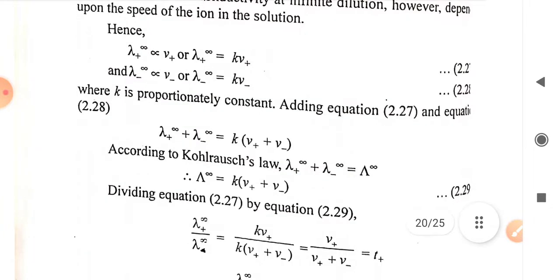Now we know that the molar conductance of the given solution at infinite dilution is the summation of the ionic conductivities of the ions, that is for the cation and for the anion.